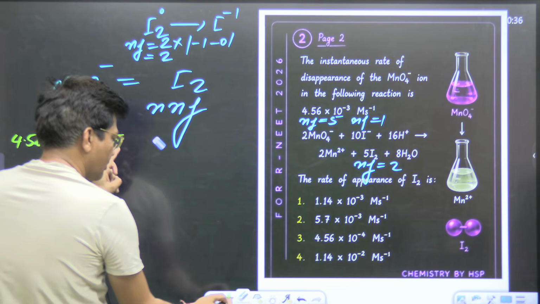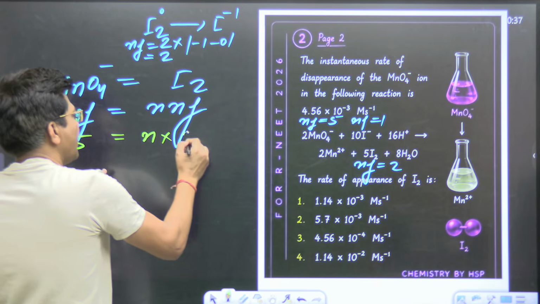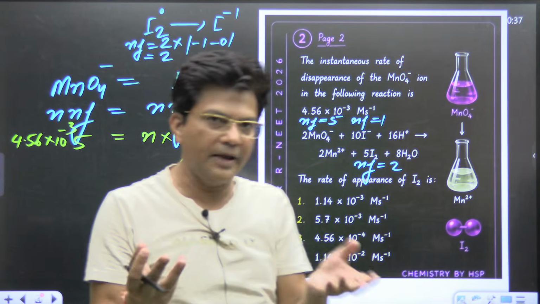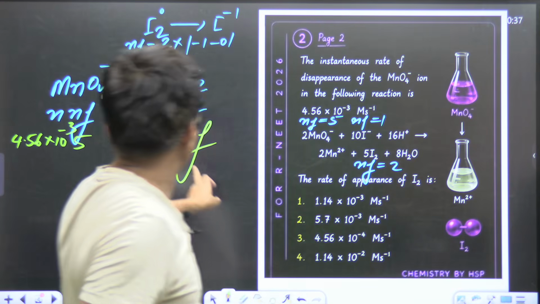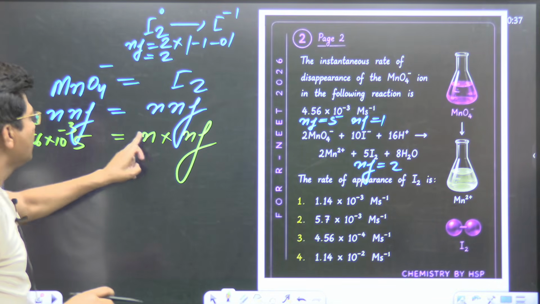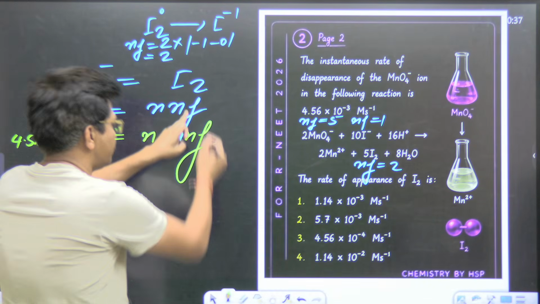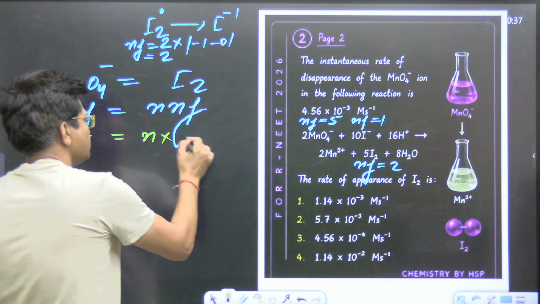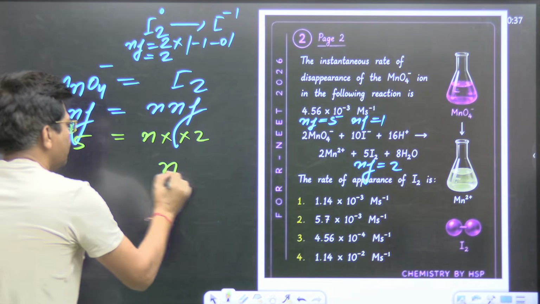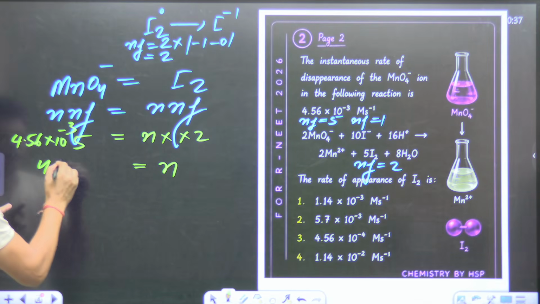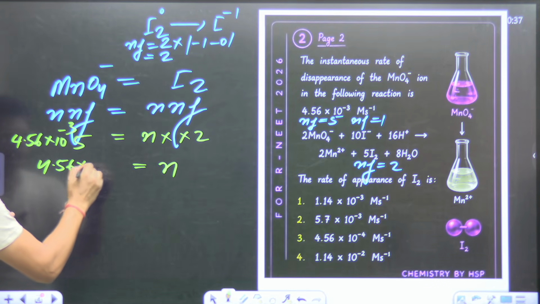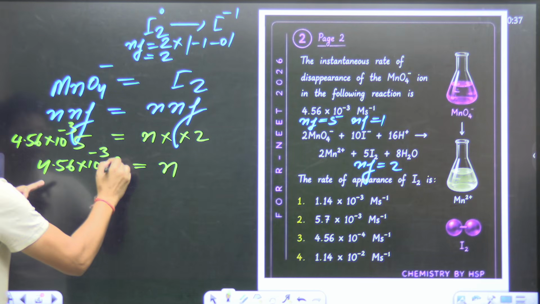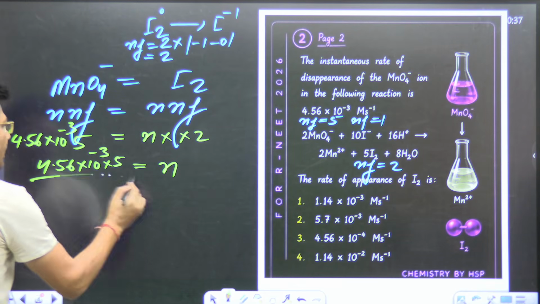Once again, moles and concentration we can take the same because the volume is the same. So we only have to find out n, because the n factor is 2. So n will be equal to 4.56 into 10 raised to power minus 3 into 5 divided by 2.